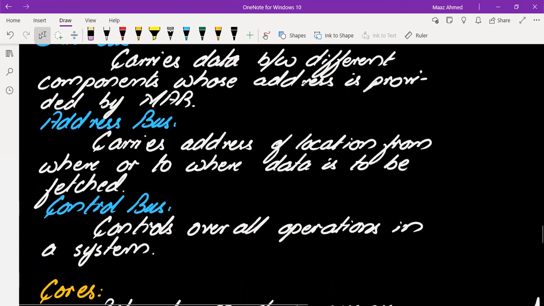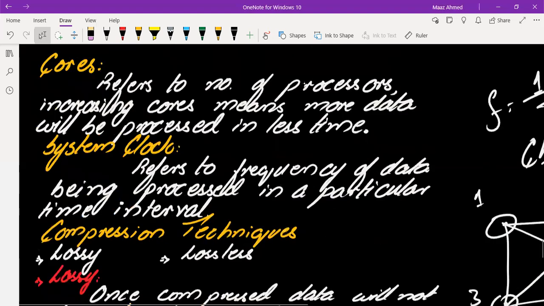The address bus carries the address of the location from where or to where data is to be fetched. From where you need to bring the data or where you need to take that particular data, that will be the function of the address bus. The control bus carries all the operations that are taking place within the system. Am I clear over here, guys?